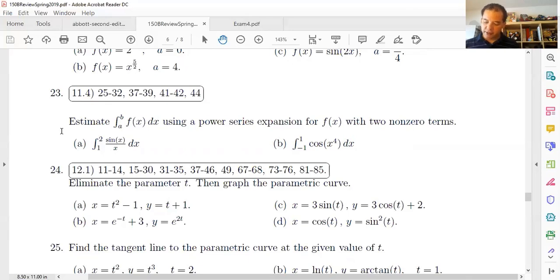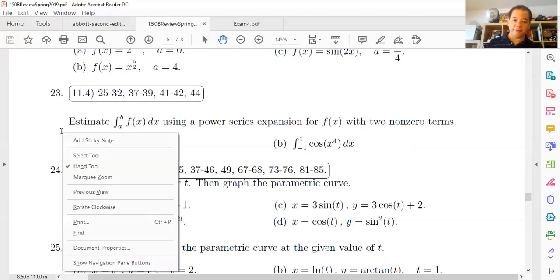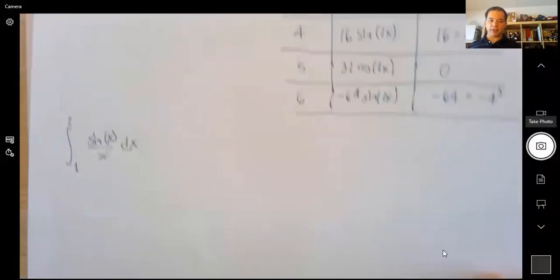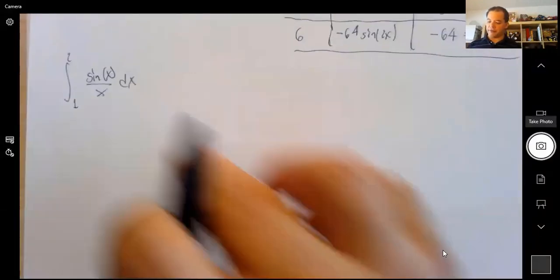This function, by the way, you cannot integrate with integration by parts or substitutions. None of those things will work. It's one of those that cannot be written in terms of elementary functions. So this is where series are very successful. We can get around it by using series, right?